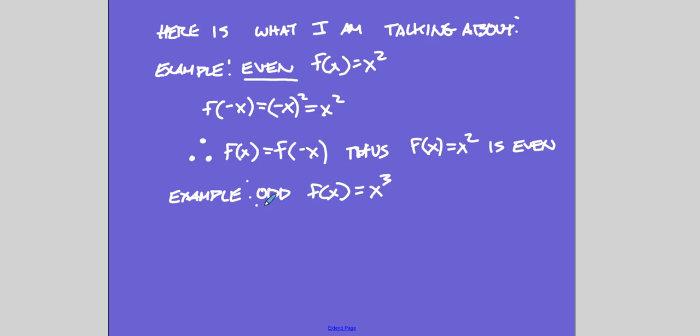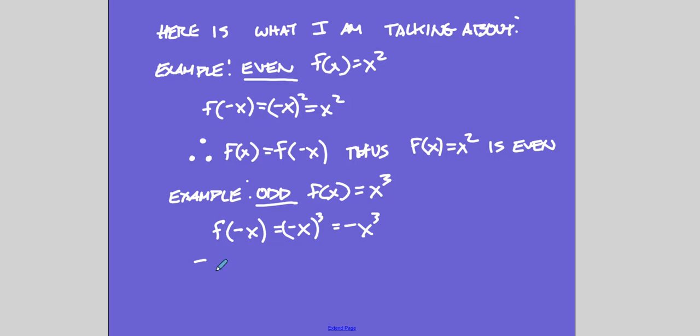Now let's take a look at an odd function. It turns out f of x equals x cubed is odd, and here's why. Notice that I'll start with f of negative x. Everywhere there's an x in f of x, I replace x with negative x and cube it, or take it to the third power. A negative to an odd power is negative, so a negative to the third power is negative. So this is negative x cubed.